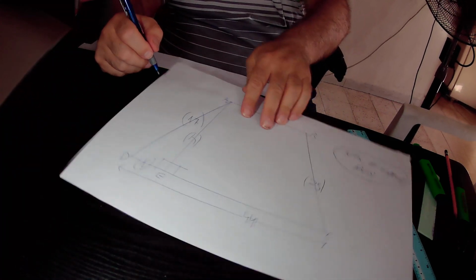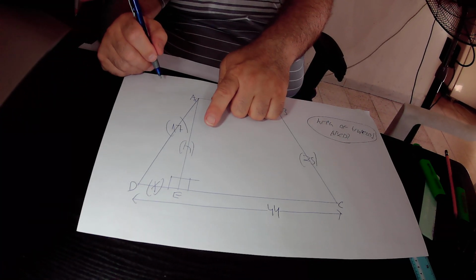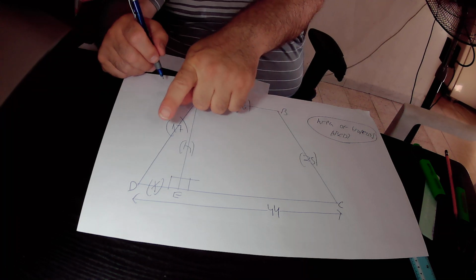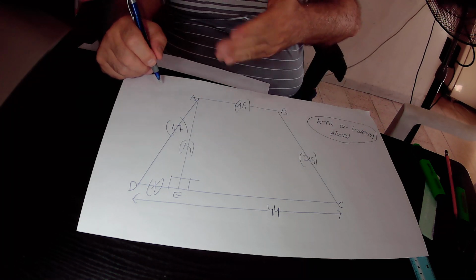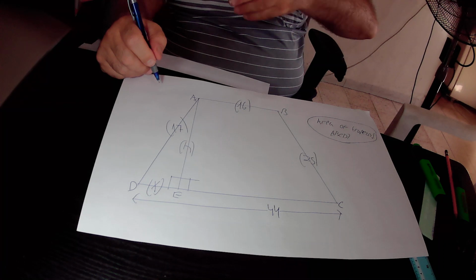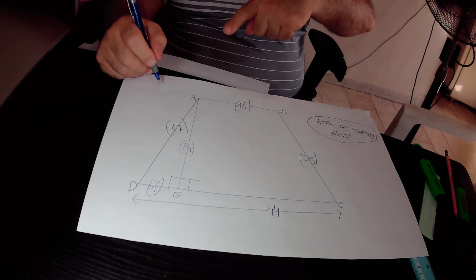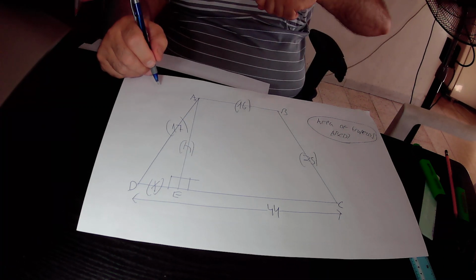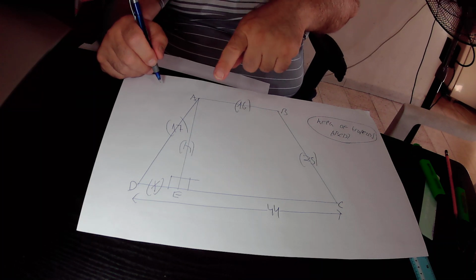Actually, h creates 90 degrees with the base DC, and therefore h is also the height of trapezoid ABCD, again because it creates 90 degrees with the base DC.